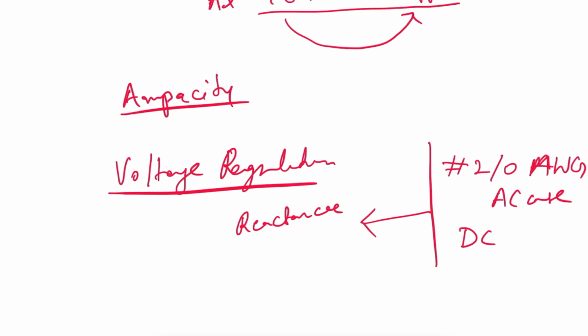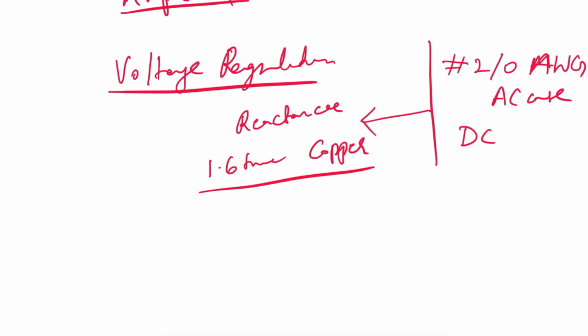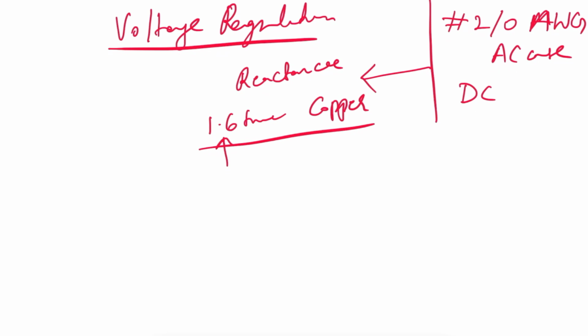And equivalent drop results with an aluminum conductor that has about 1.6 times the cross-sectional area of copper. Both will have same regulation. So if an aluminum conductor is of 1.6 times in cross-sectional area as that of the copper, then both of them will have same voltage regulation for small AC cables and as well as DC cables.